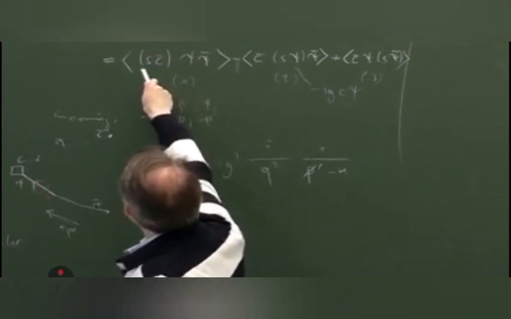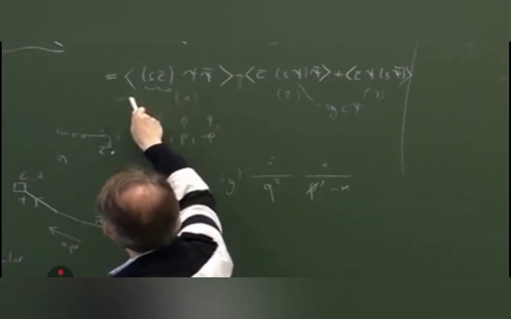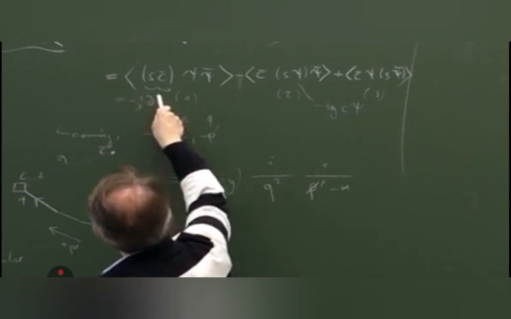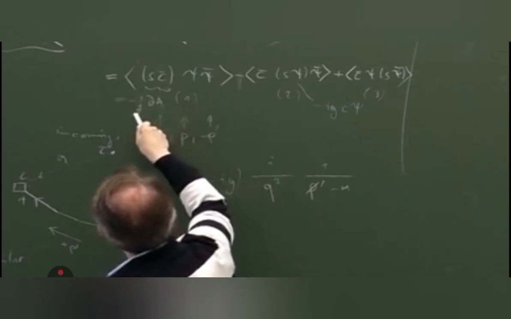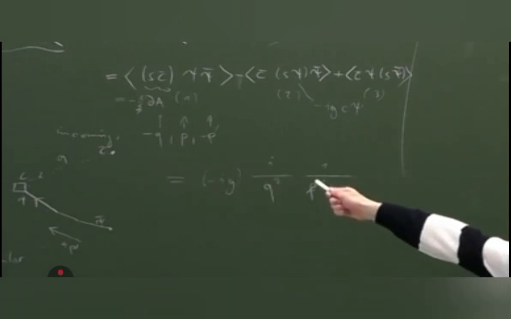The first term here has B, but B is now equal to minus 1 over xi d mu A mu by using the equations of motion. Therefore, here we have a linear BRST transformation, and therefore this is an ordinary Green function.